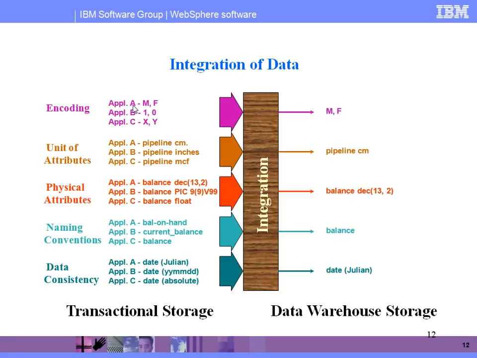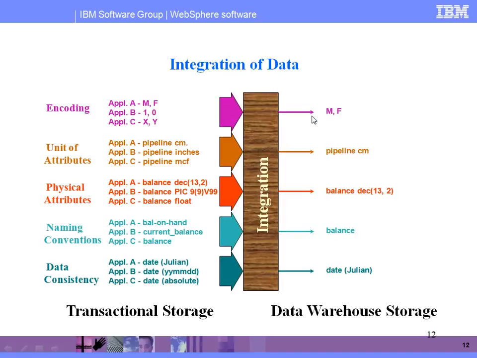In application C they put X and Y. So the formats are M comma F, 1 comma 0, X comma Y. While loading data from these different source applications into the warehouse, we convert all of it into a single format: M and F. Whatever is 1 or X is converted into M, and whatever is 0 or Y is converted into F. That's called integration of data.